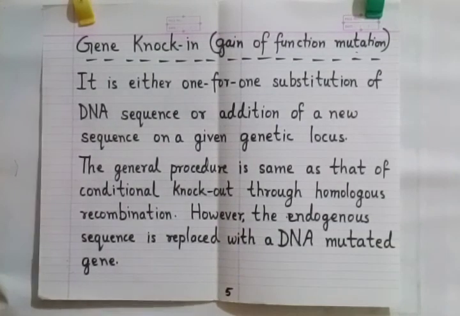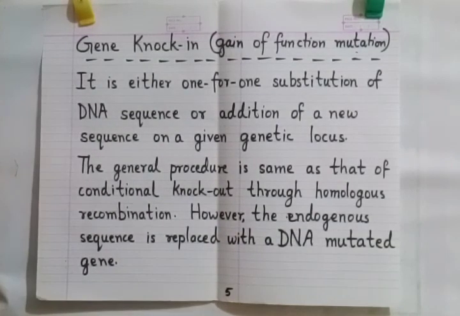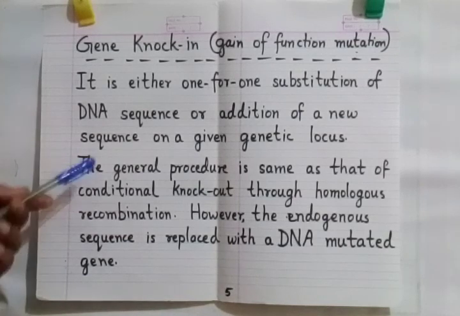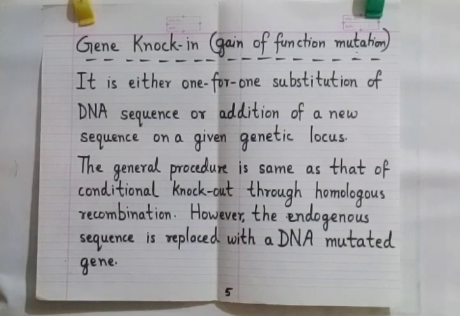Now, the knock-in process. The knock-in process is actually similar to the knockout process, but it's opposite in function. In gene knockout, we were making an existing gene inoperative. But in gene knock-in, we add another gene. The process is the same. The only change is that in place of neomycin resistance, we will add another gene in the targeting vector.